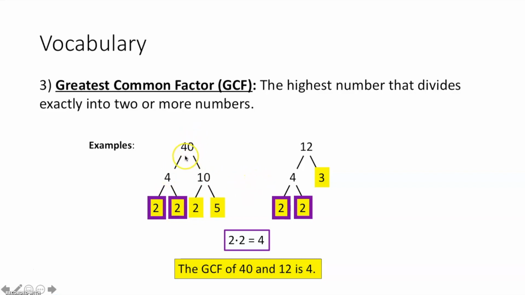The prime factors of 40 are 2, 2, 2, and 5. The prime factors of 12 are 2, 2, and 3. So what prime factors do these two numbers have in common? Well, that would be the 2 and the 2, right? They both have two 2's. So to figure out the GCF, you just multiply whatever they have in common. So 2 times 2 gives you 4. Therefore, the GCF, or greatest common factor between 40 and 12, is 4. And we'll get into that more later on.